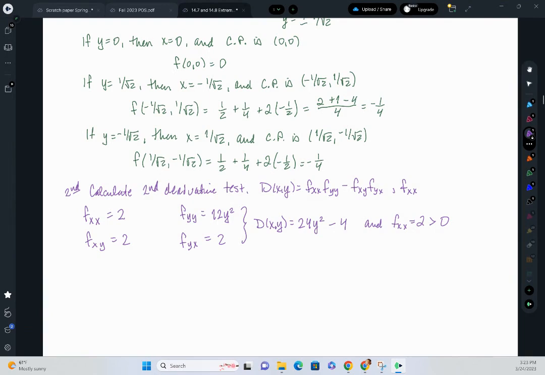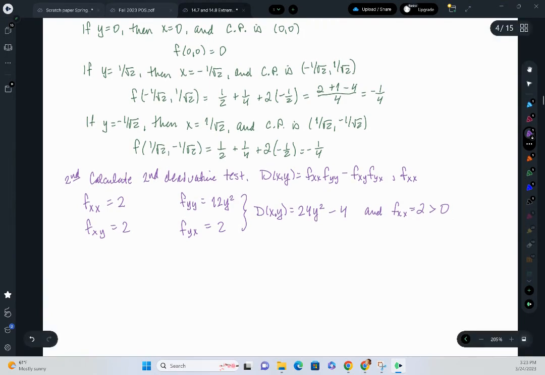If D is negative, I'll have saddle points. All right, so let's go ahead and evaluate. So we're going to evaluate big D at the CPs and classify the extrema.